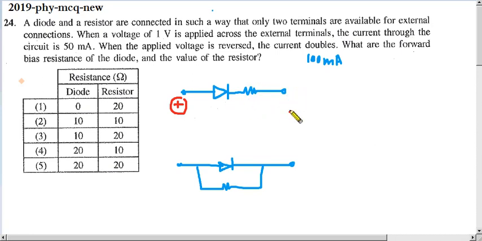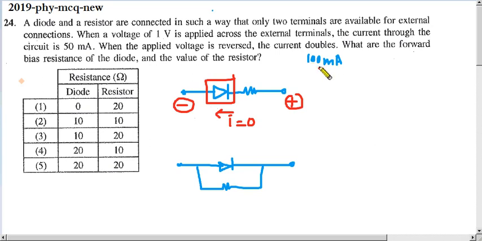Then the second time, what they have done is exchange these terminals' polarities. So if we connect this way, what happens? The diode is reverse biased, so it doesn't let any current go through it, so the current is 0. So the first time and second time don't match with 50 milliampere and 100 milliampere.